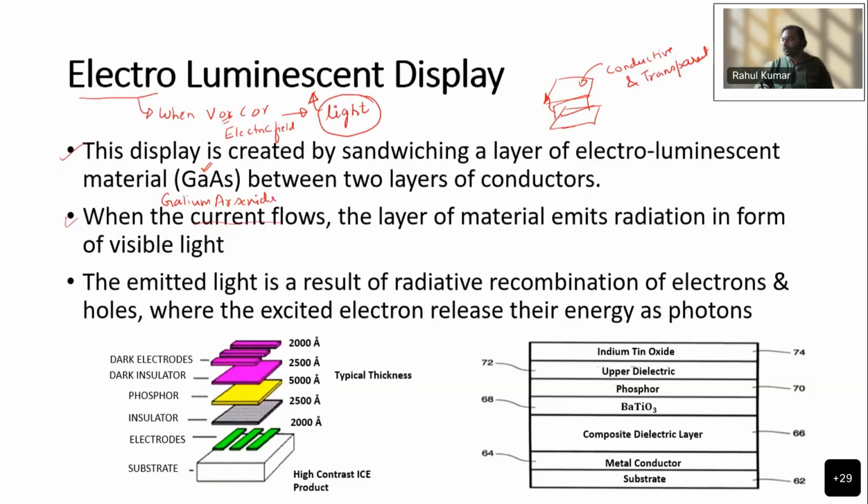Okay, so when current flows through this material, some light radiation is produced. Okay, the emitted light is a result of radiative recombination of electrons and holes.